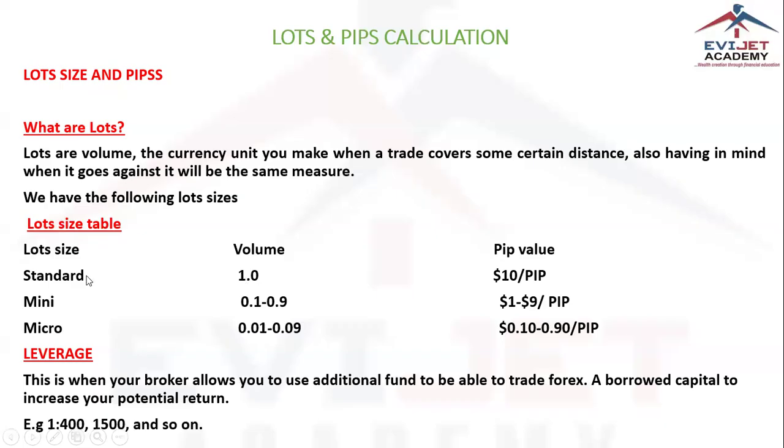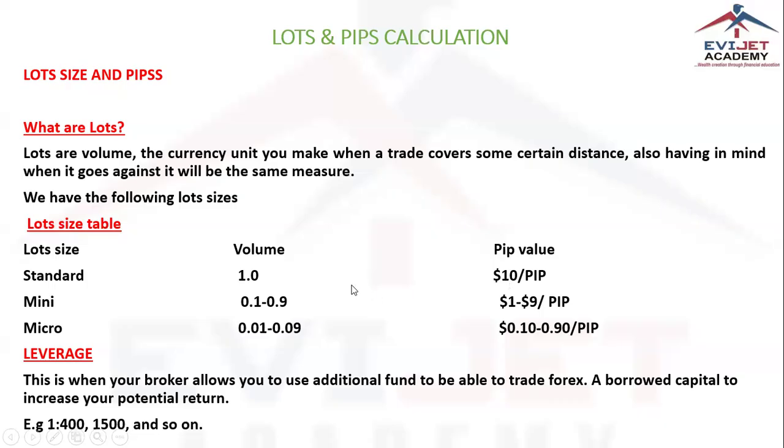The biggest of them is the standard lot size, which is infinity. You can use as much as 500 lots, 1,000 lots, depending on the account size you are trading. So 1 pip is $10.